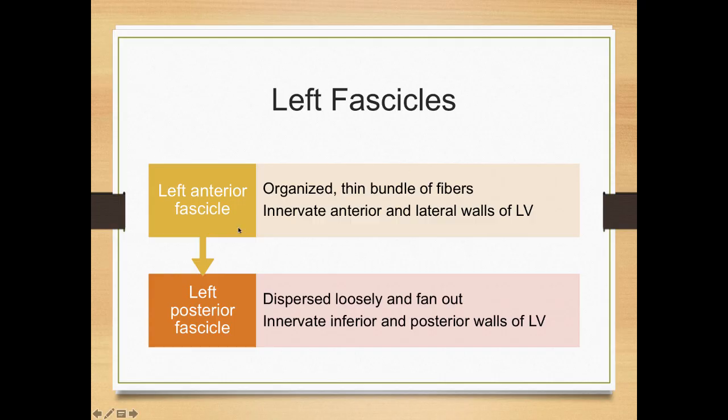Our anterior fascicle is pretty organized, a pretty thin bundle of fibers. Those fibers then branch off into the Purkinjes, which innervate the anterior lateral walls of our left ventricle. And our posterior fascicle is pretty loosely dispersed, hard to block off because it's fanned out, so the electrical impulses can jump around more freely.